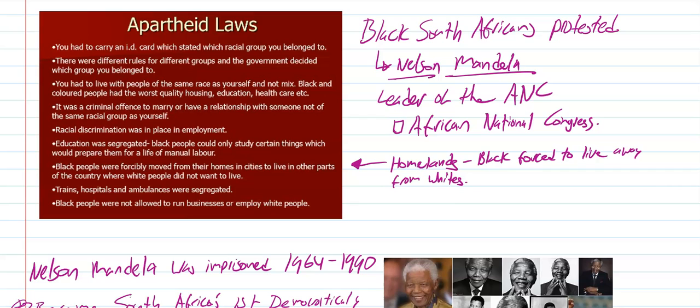It was a criminal offense to marry or have a relationship with someone not of the same racial group, no matter what race you were. It was also racial discrimination. The education was segregated. Now, this is probably the most outrageous to me: if you were black, you couldn't study things and have the same opportunities to look forward to as whites.